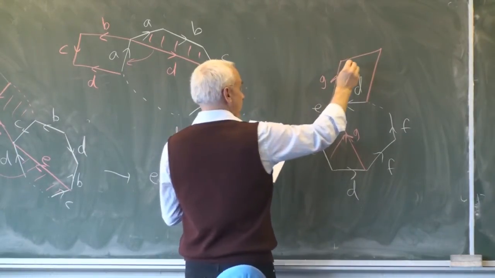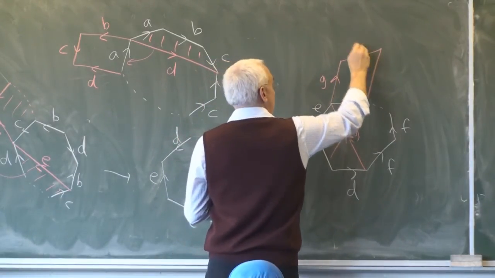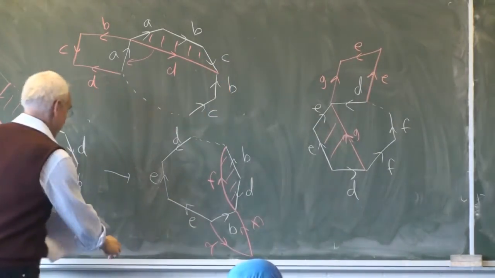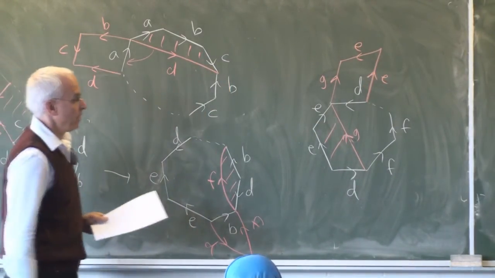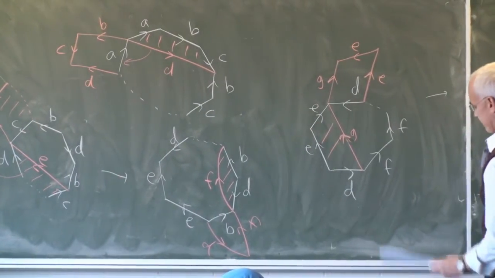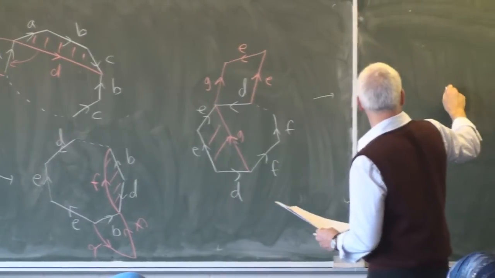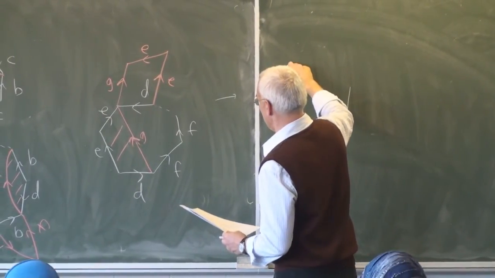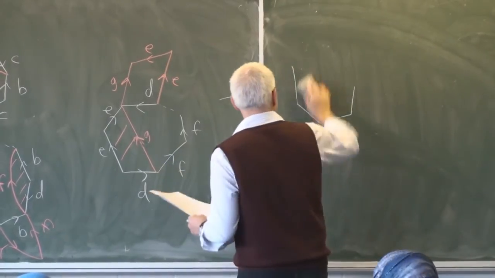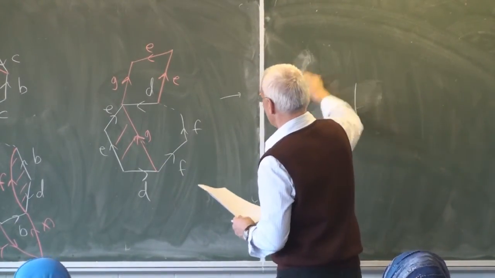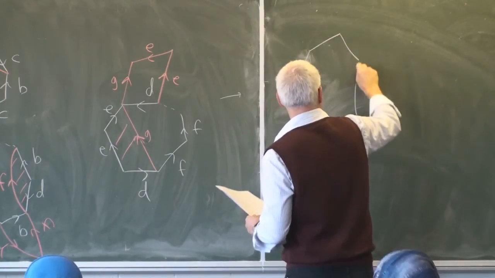So G, E, and E, and that's equal to F, F, D, E. So I move that part. That's equal to F, F, G, G, E, E.